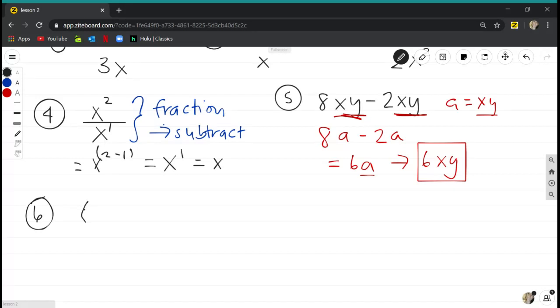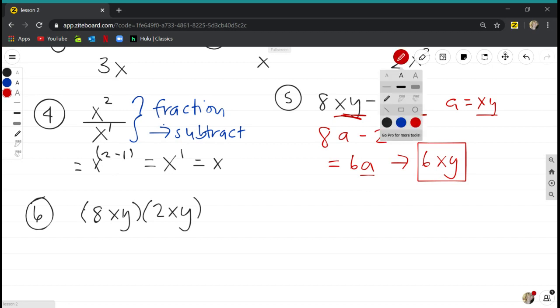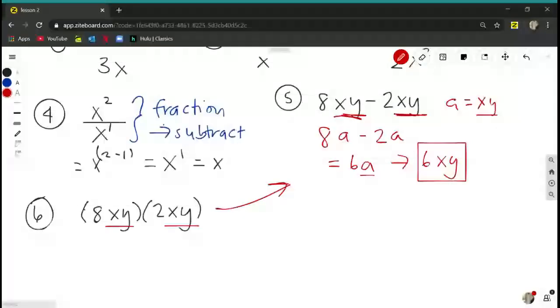So what if we take this example, which is 8xy times 2xy, which is just what we did over here. I can substitute xy for anything, or I can just keep it, like the a, for example. So it's 8 times 2, right?